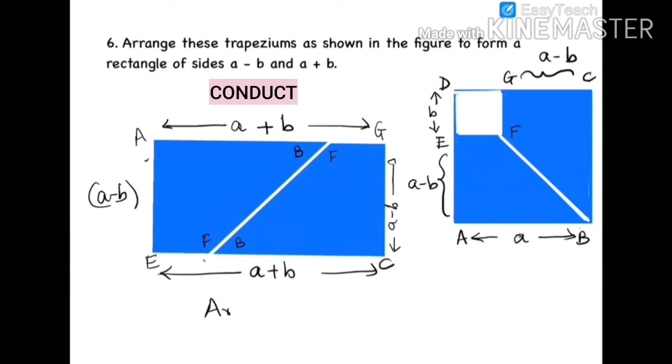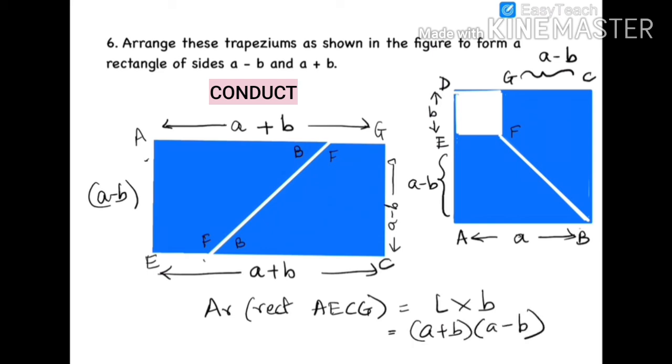So we can find the area of rectangle AECG equal to length into breadth, which is equal to A plus B into A minus B. Also, the area of the smaller square will be B square and the area of the bigger square will be A square.